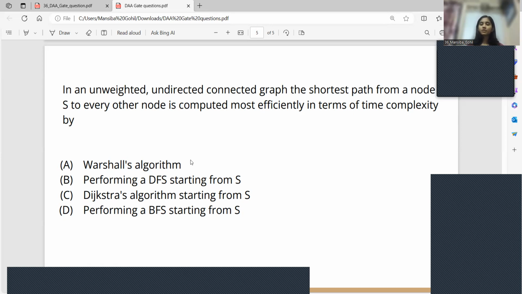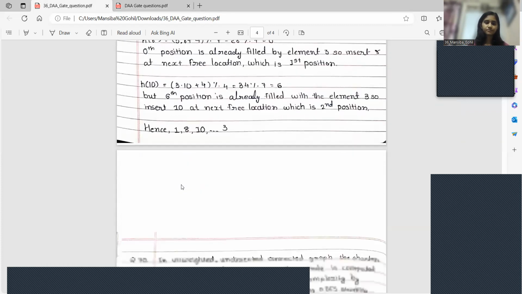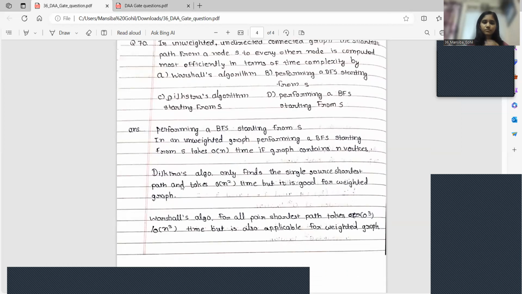Here we are talking about an undirected graph and an unweighted graph, meaning that the edges should not be having any weight in the whole graph. So what would we be doing?